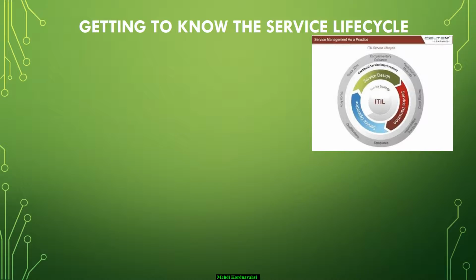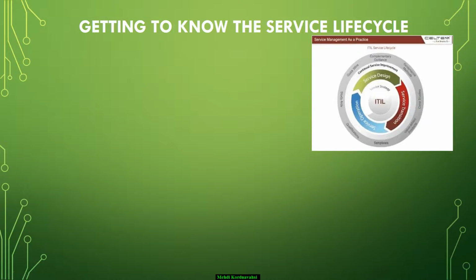Chapter 2 gives the definition of process, function, and roles. This chapter describes the service life cycle. This chapter also provides an overview of the ITIL service management processes, which I describe in greater detail in the chapters of part 2.